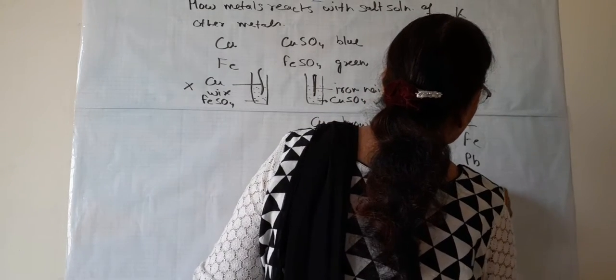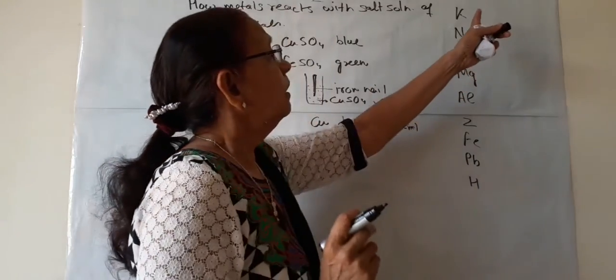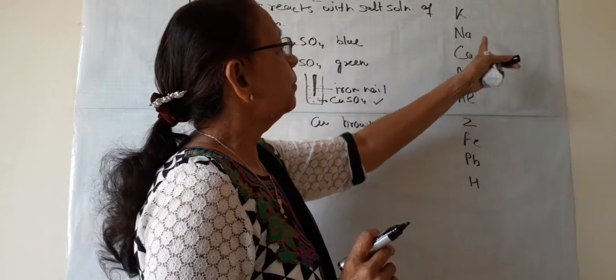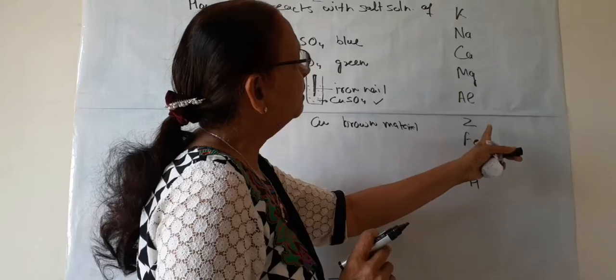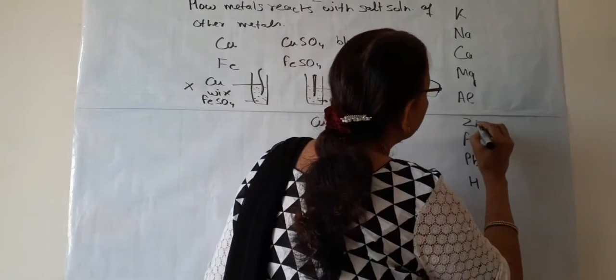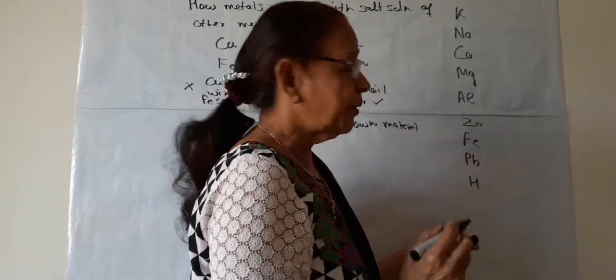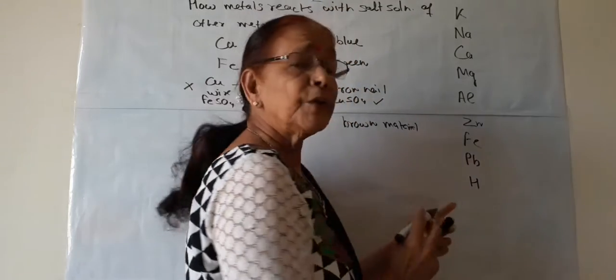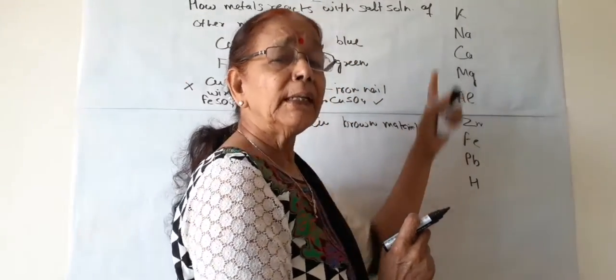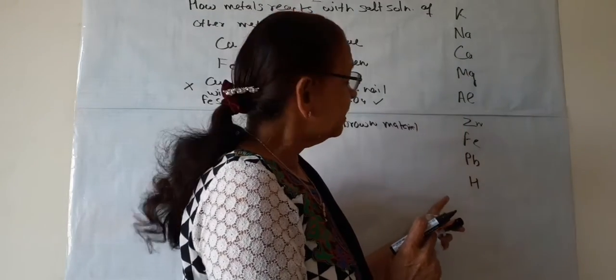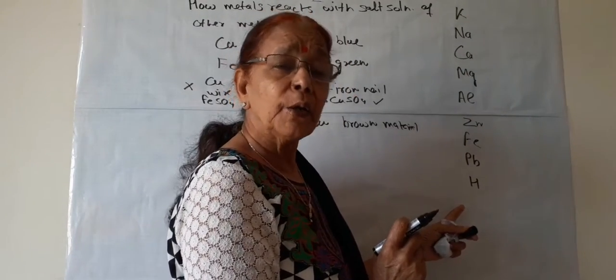So this is the series: potassium, sodium, calcium, magnesium, aluminium, zinc, iron, lead and hydrogen. All of you know hydrogen is also included in the metal reactivity series, though it is a non-metal.